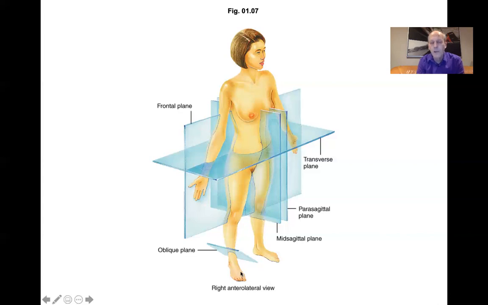The oblique plane is the last one we have on this slide, of quite infrequent use in anatomy, as the oblique plane is actually a plane that slopes. The other four planes previously mentioned really have to abide by a certain rule, intersecting each other at a 90 degrees angle, with the exception, of course, of the parasagittal plane that runs parallel to the mid-sagittal plane.